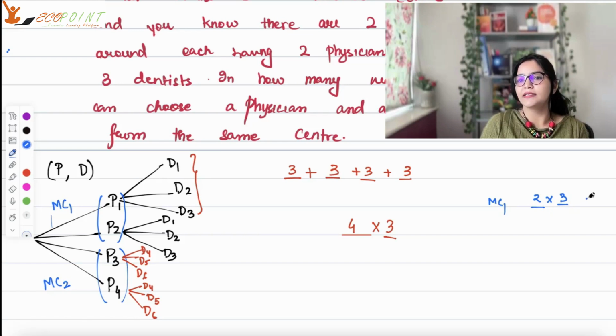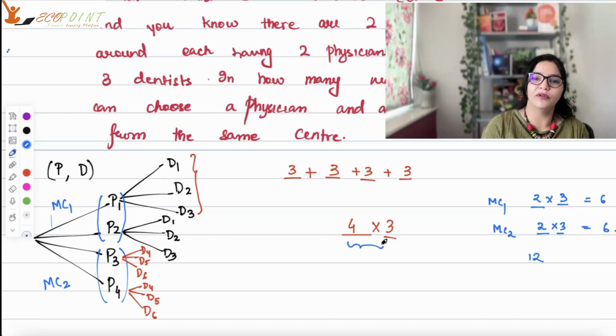So I get 6 choices from here. And medical center 2, I get 2 into 3 again. That is 6 choices here. So that means in total, I have 12 choices, whether you look at it from the point of view of 4 times 3, or basically 6 plus 6 cases, or you look at the branches. I've shown you how to go through this in any way that you wish to, but this is what you will have to do in this particular question.